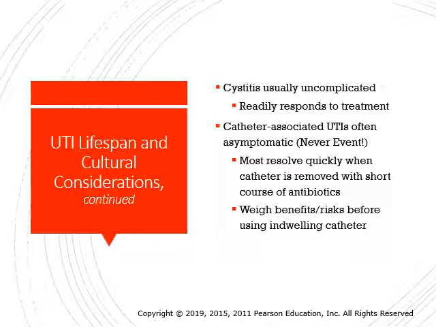And then this has become used heavily in practice. We need to weigh the benefits and risks before using an indwelling catheter. I would say 90% of patients in the hospital would have had a Foley catheter. Now I would say less than 10% of patients in the hospital have an indwelling catheter, because we found that they were not being maintained appropriately.